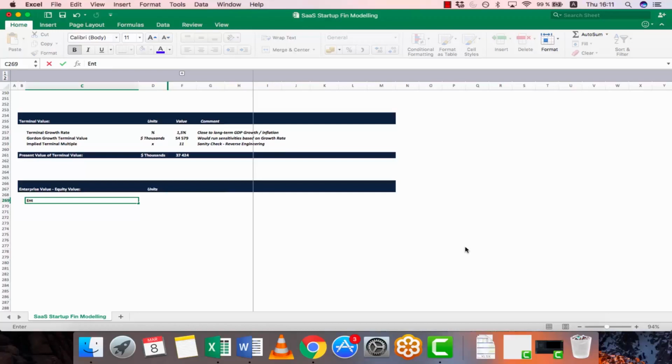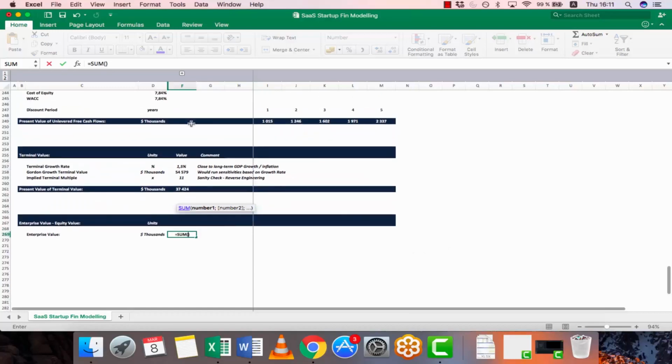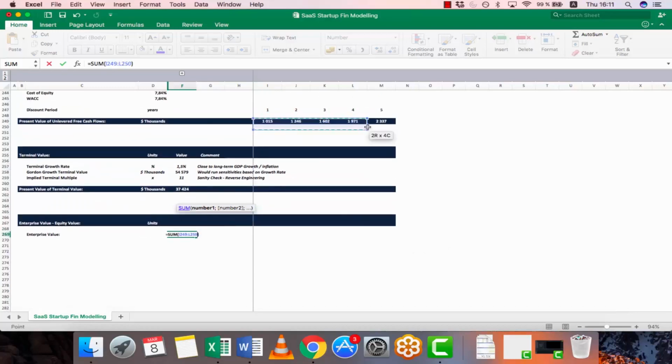So enterprise value. Measuring in thousands. Very easy. So what we have to do is just take the sum of the present value of unlevered free cash flows that we've calculated and add the Gordon Growth terminal value that we were able to determine.